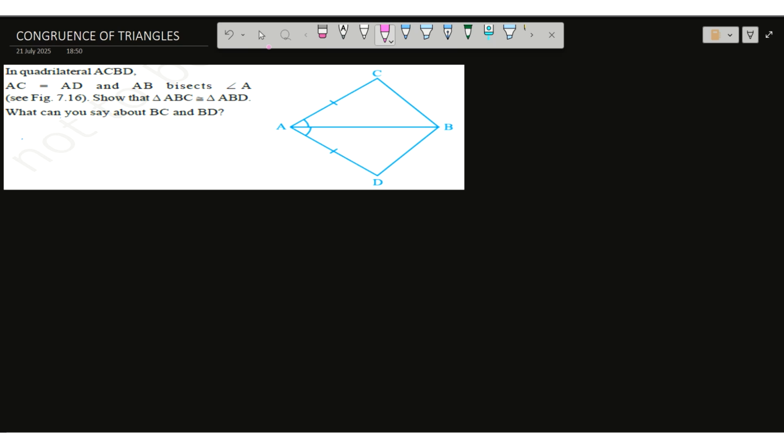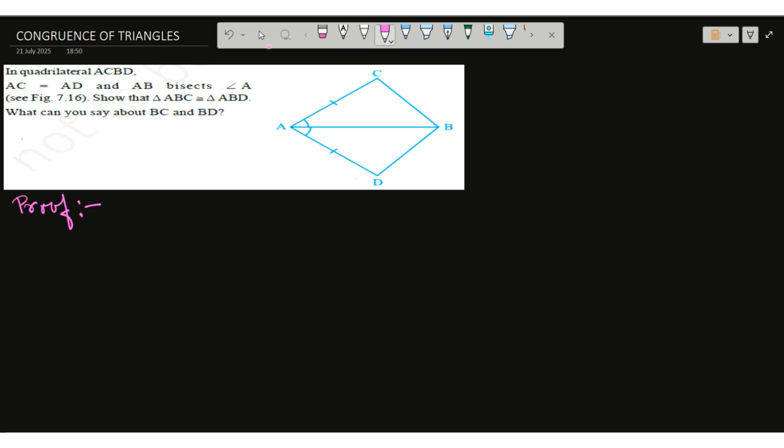How will we solve it? First, we have to prove that triangle ABC is congruent to triangle ABD. It is already given that AC is equal to AD. So let's write the proof.